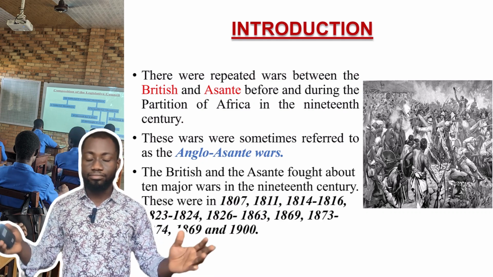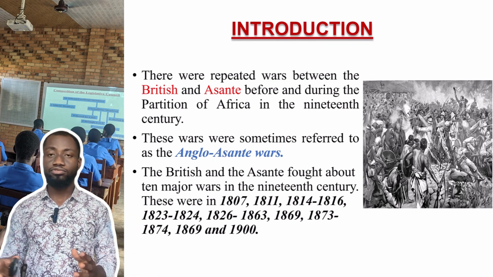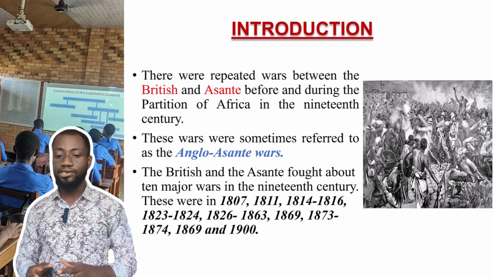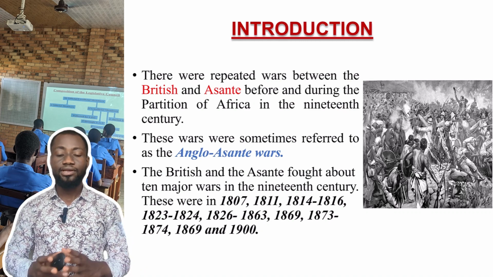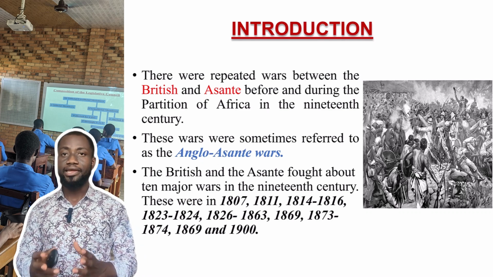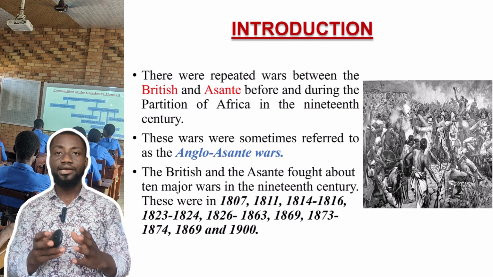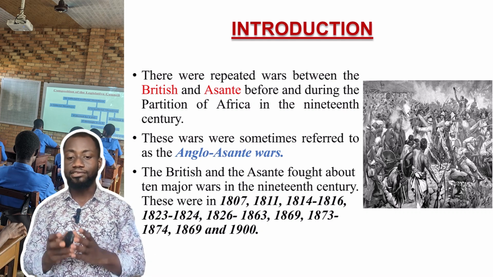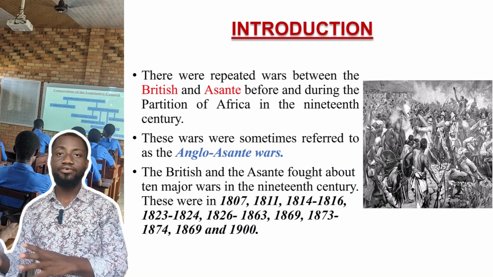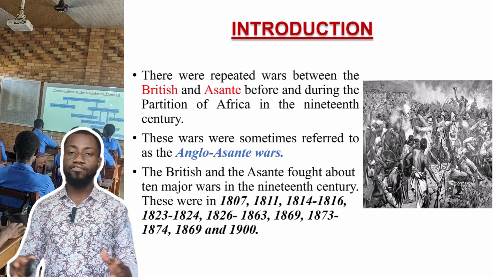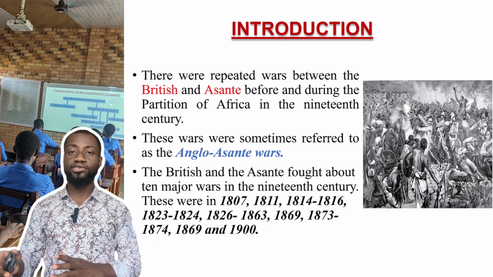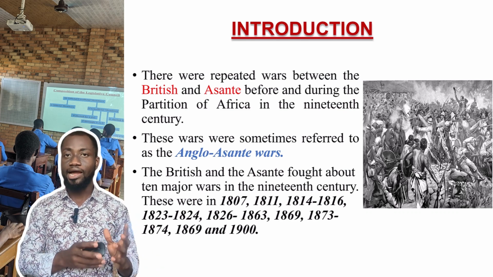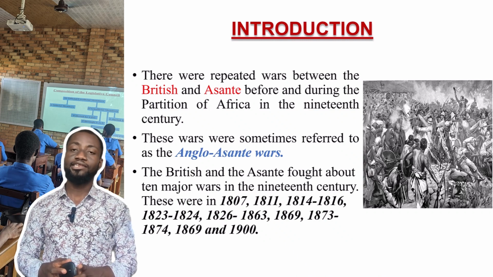Some of them were fought in 1807, 1811, 1814 to 1816, 1823 to 1824, 1826 to 1863, 1869, 1873, 1874, 1869 again, and then 1900, which was the last of the wars fought between the British and the Asante, and that is known as the Asantewaa War among the Asante.